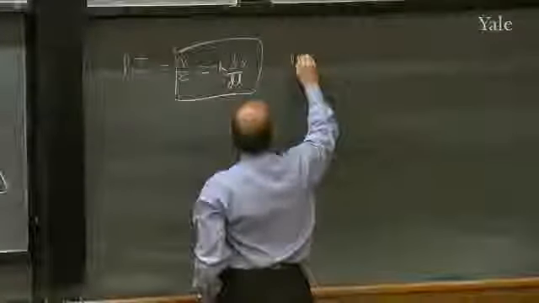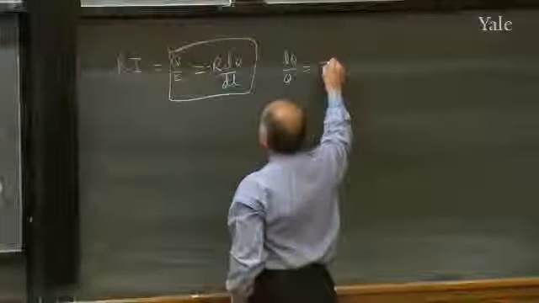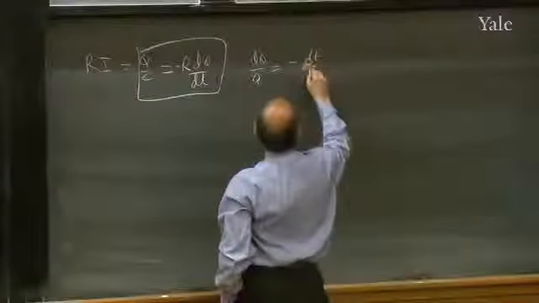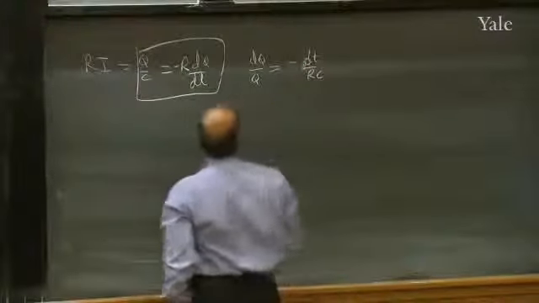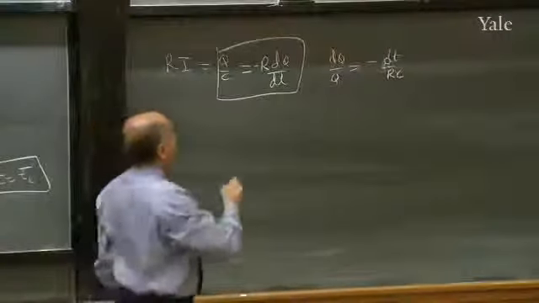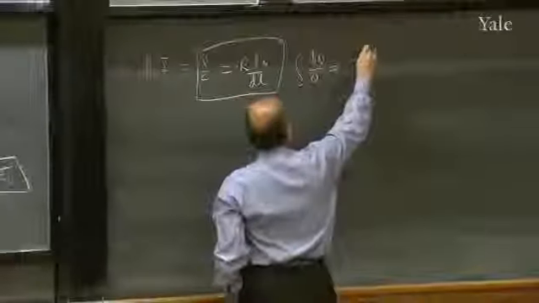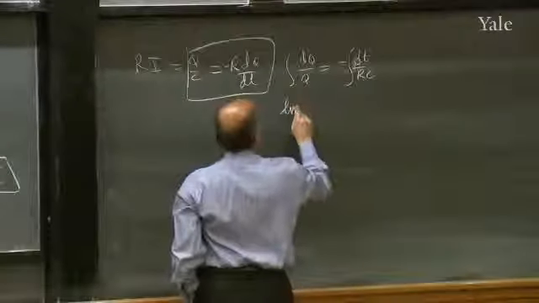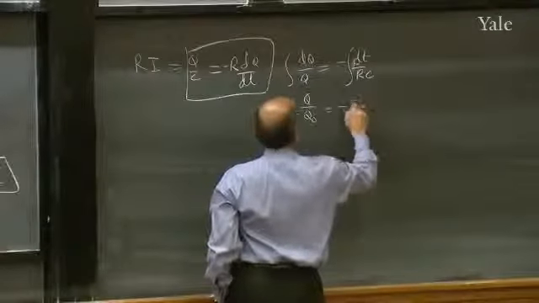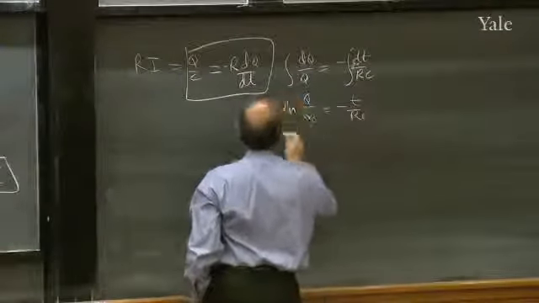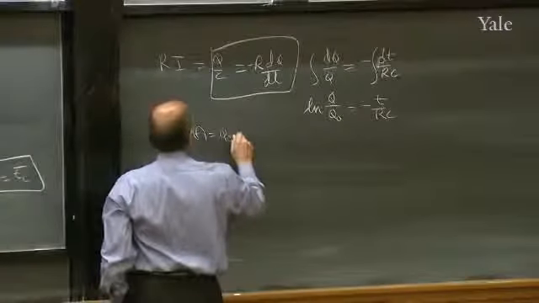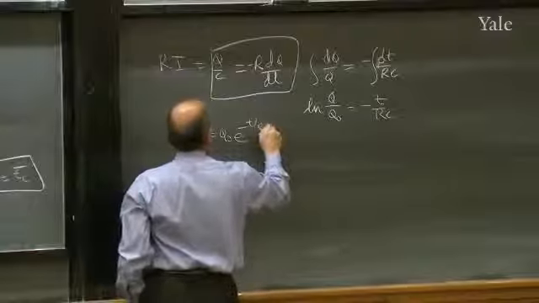That can be written as dq over q is equal to minus dt over RC. Now, if you integrate that from start to finish on both sides, this would give you log of q over the initial q equal to minus the time divided by RC, or q of time t will be q0 e to the minus t over RC.